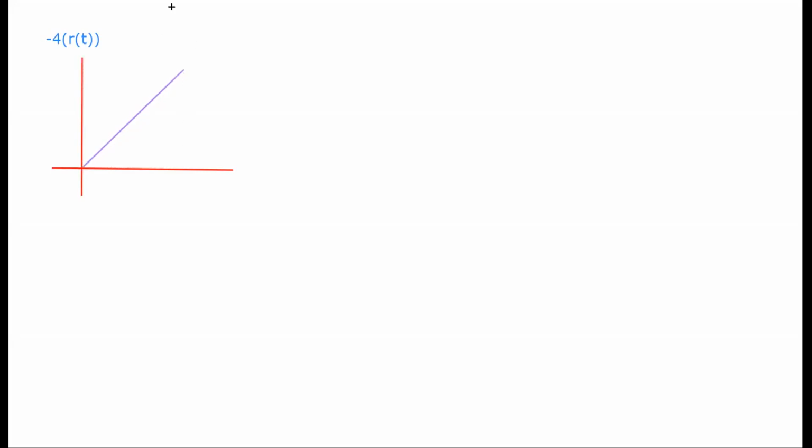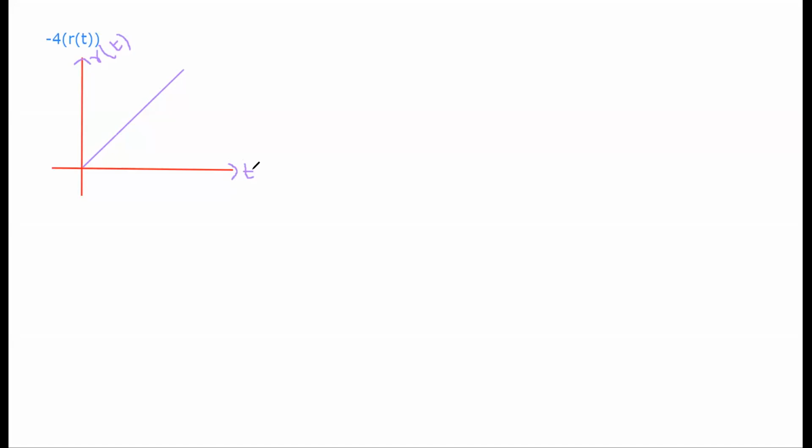So this is how r of t looks like. Right? Minus 4 into r of t. What is the operation involved here? Ramp function.